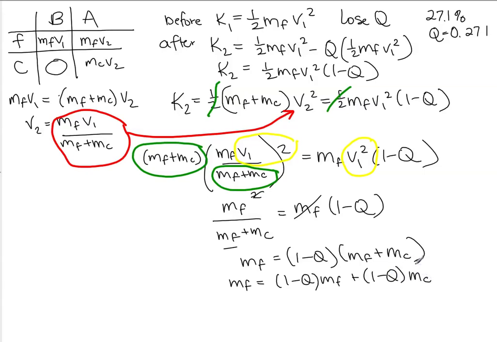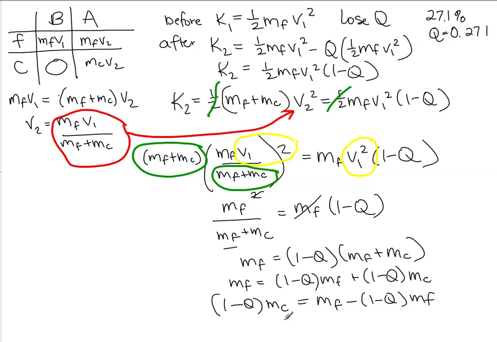I'm trying to isolate the mass of the caboose because I know the mass of the freight car. So that tells me that 1 minus q times mass of the caboose is equal to mass of the freight car minus 1 minus q mass of the freight car.